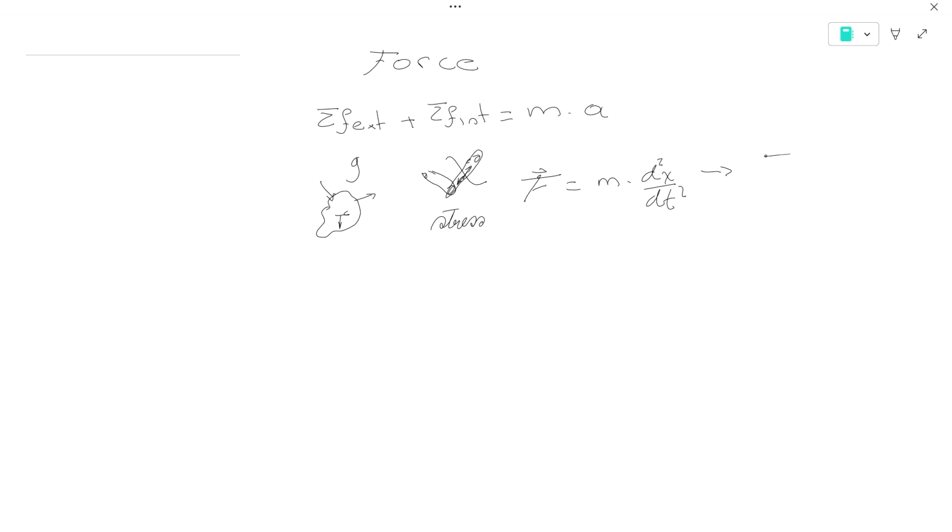Another way of expressing that is that the summation of all the forces is equal to mass times x double dot. We talked about this before. Dot is a derivative with respect to time, and prime is a derivative with respect to space. So if you have y prime, this means the derivative of y with respect to x, where y is a function of x.